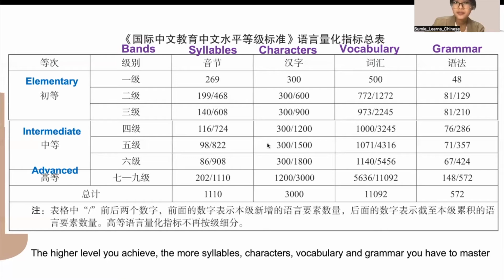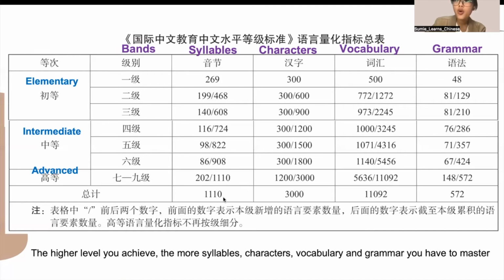And so on. Take the advanced level as example again, okay? If you want to take the advanced level, it means you have to learn 202 new syllables in advanced level. The basic one, the level 7, the band 7. But calculate what you have to learn, on level 1, 2, 3, 4, 5, 6, we have to add on together.